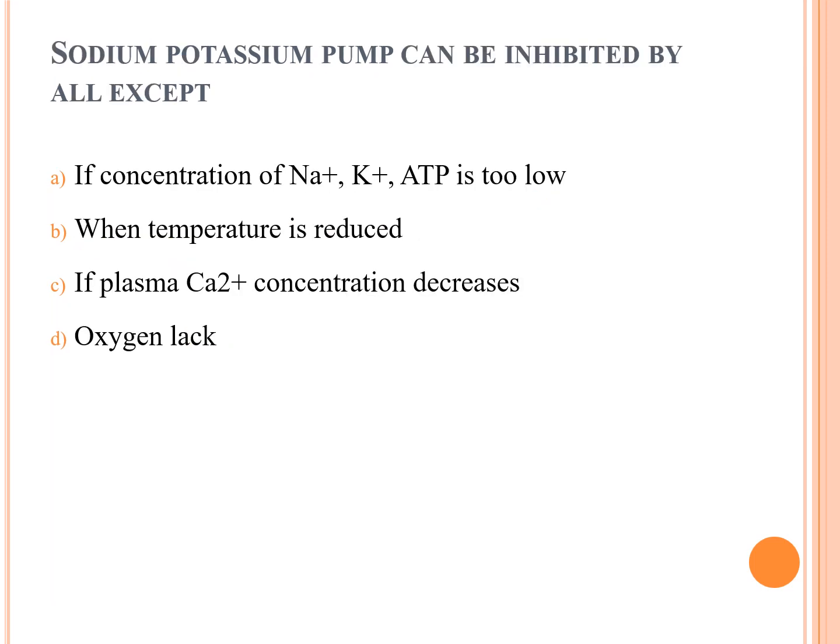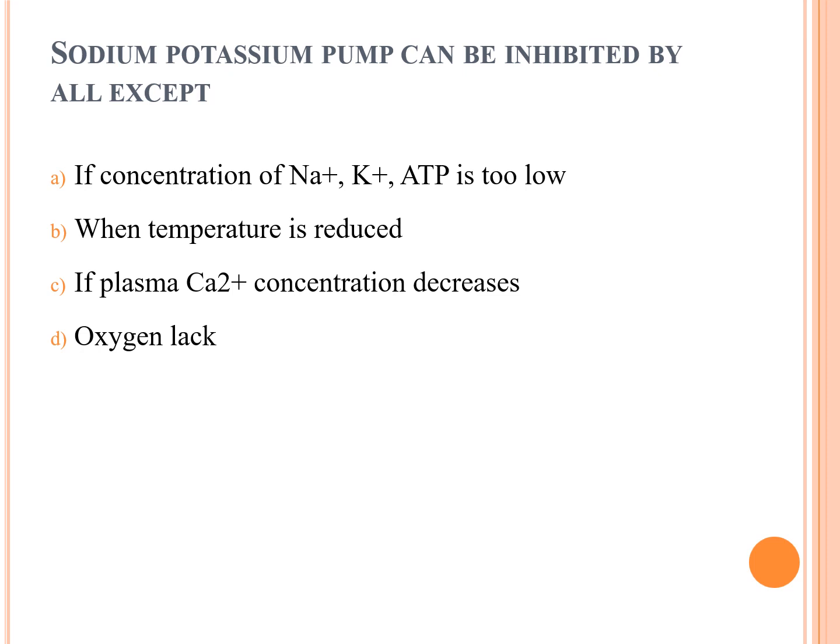Sodium potassium pump can be inhibited by all except: if the concentration of ATP is too low, when temperature is reduced, if plasma calcium concentration decreases, oxygen lack. So we have seen the factors which will inhibit the sodium potassium pump activity: low temperature, hypoxia, drugs like digitalis and ouabain related substances, dopamine.